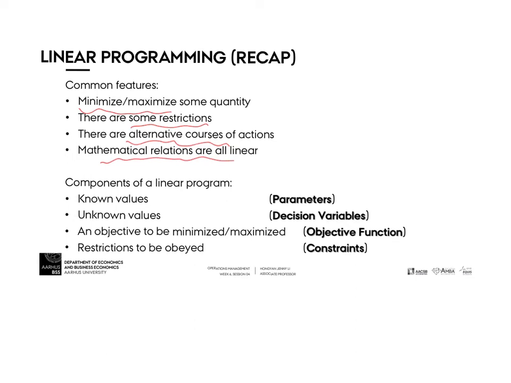So those are the common features of the method or the problem. And then we also have the key components of a linear programming model, corresponding to the 4 steps. So we have parameters, decision variables, the objective function, and then all the constraints.